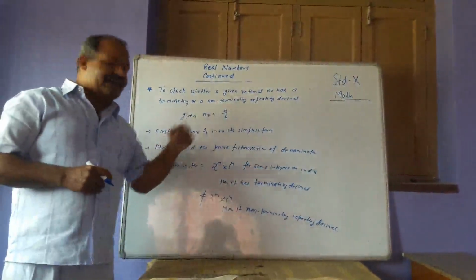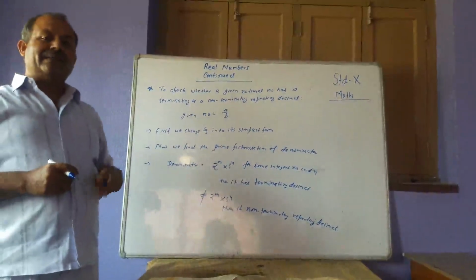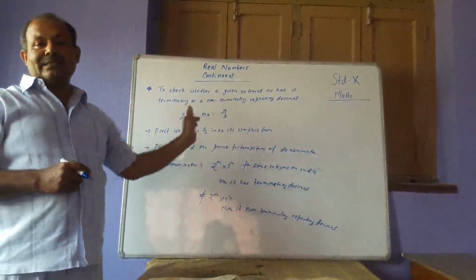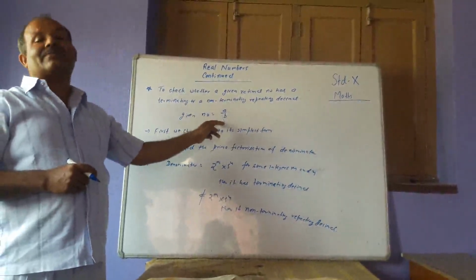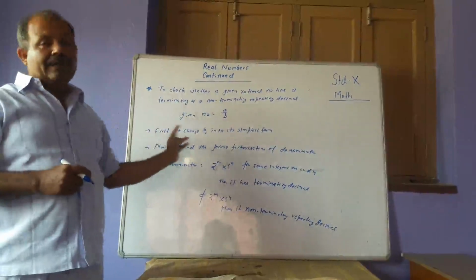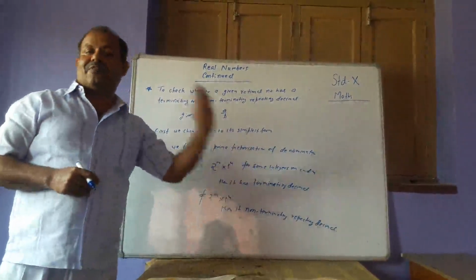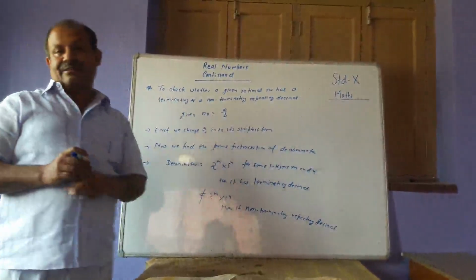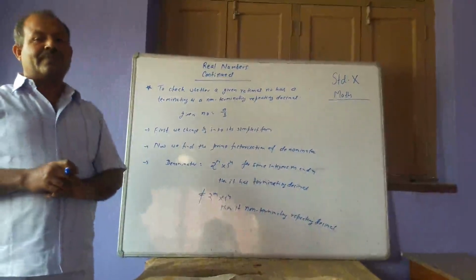Here we are given a rational number a by b. We have to check, is it in its simplest form? If it is not in simplest form, then first of all we have to change it into simplest form. Then we consider the denominator of the simplest form.